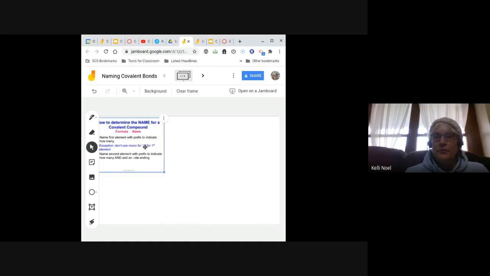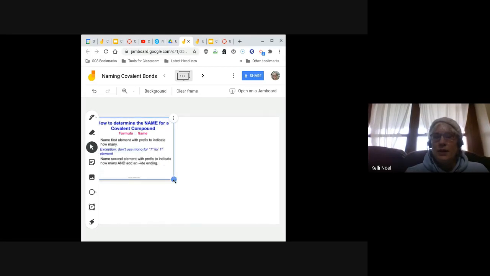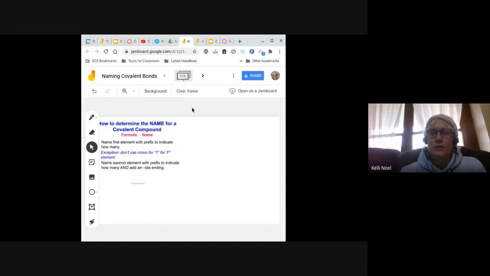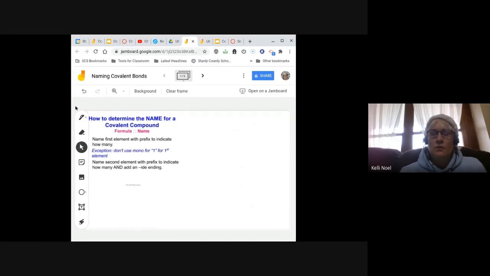So what we're going to look at today is how we name covalent compounds. It's going to be a little bit easier than the ionic ones just because of how the formula is. So what's important to understand here is that the name of the first element will have a prefix that matches the subscript of it.